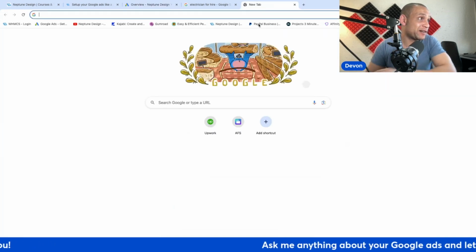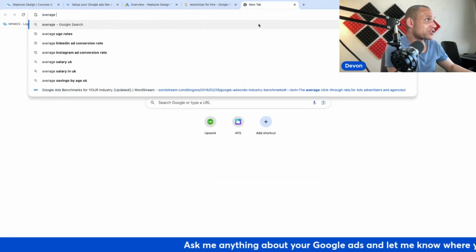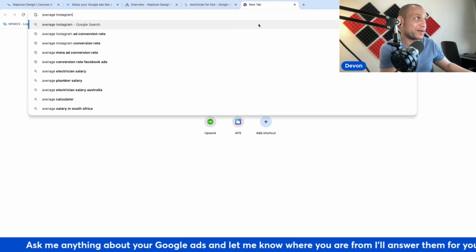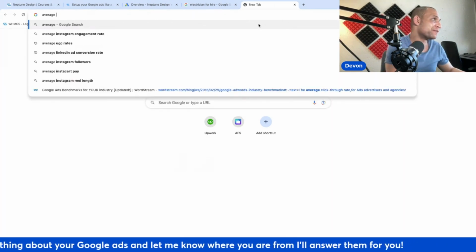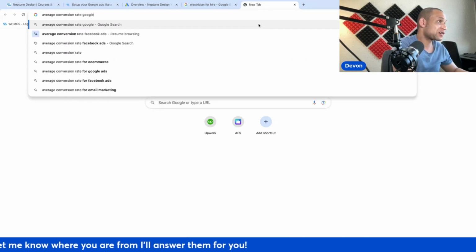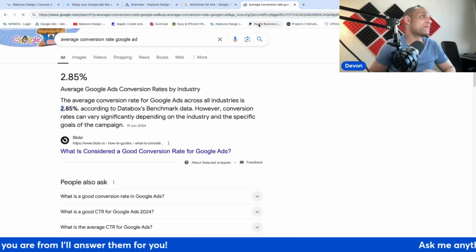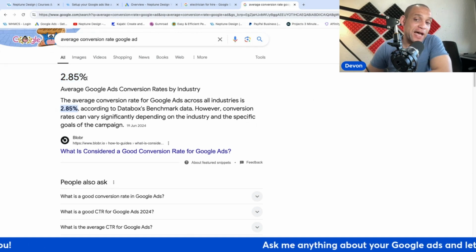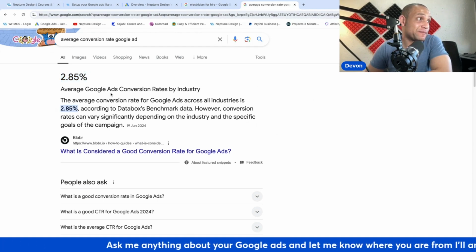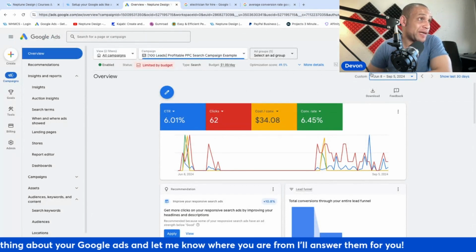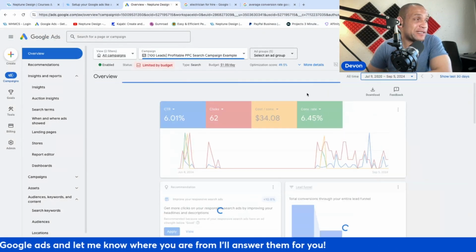To give you an idea, the average conversion rate of a Google ad, I've been doing some research, 2.85%. I think it's between 3 and 4%, but 2.85%, right? And this is across a whole lot of campaigns. And as you can see, for me, if I go all time on this campaign over here, 12.31%.